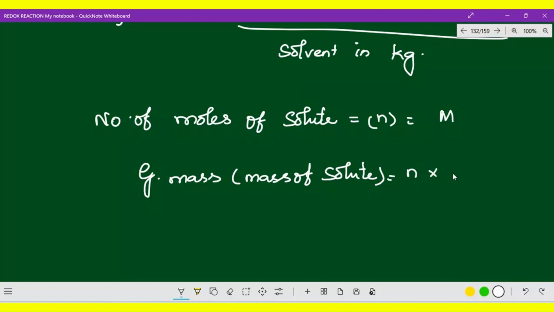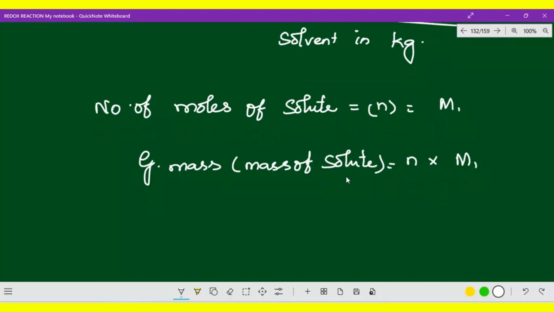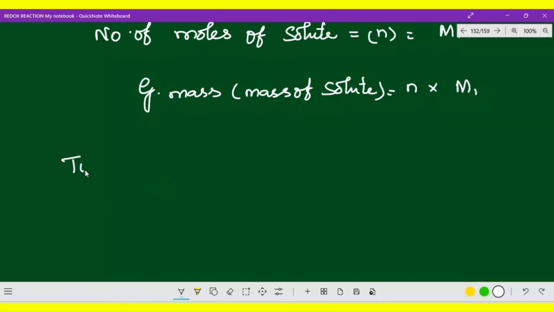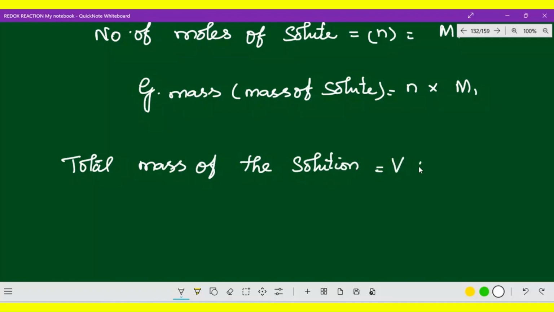Number of moles into molar mass M1, right? So molar mass into number of moles, you will get the given mass. Now total mass of the solution: total mass of the solution is volume into density. Please note down all these points, because when we apply them to the questions, then only we will identify.